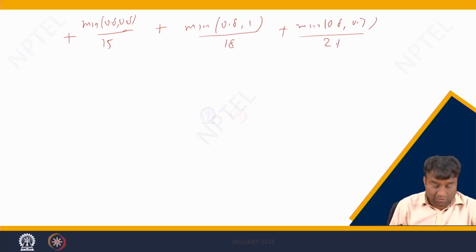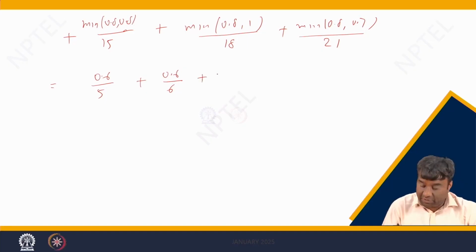So here we get the values of minimum. For 5, the minimum is 0.6. For 6, the minimum is 0.6. For 7, the minimum value is 0.6.